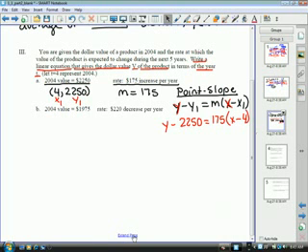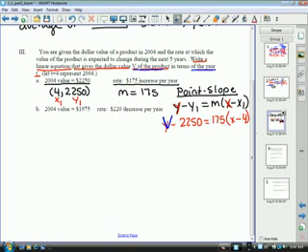Sometimes they'll say general form, and sometimes they'll say slope intercept, unless it tells you otherwise. But see, here's how they tell you you're not done, because it says V has to be in terms of the year, so that means V has to be by itself. So I need to change that right now.